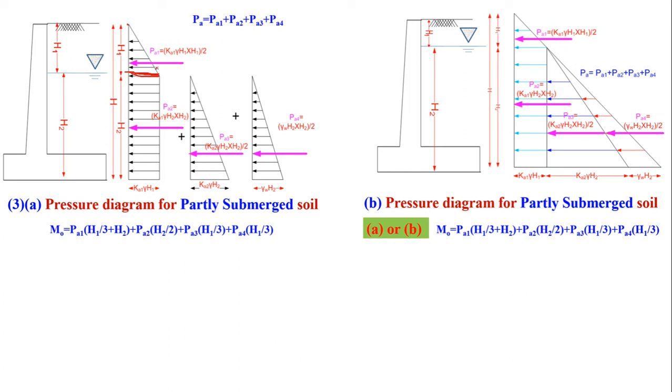And what is that magnitude of pressure? Ka1 gamma into H1. Now Ka1 is what? The active coefficient of earth pressure in the above region. Okay, and this is the pressure distribution diagram, and this upper soil layer acts as a surcharge for the remaining soil pressure.